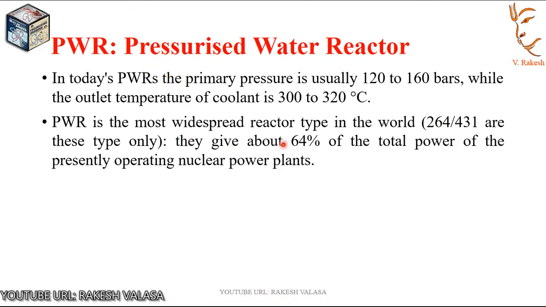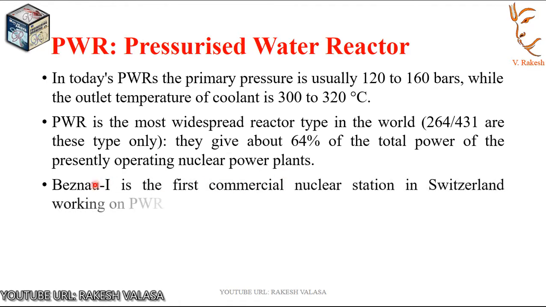They give about 64% of the total power of the presently operating nuclear power plants. Beznau 1 is the first commercial nuclear power station in Switzerland working on this type, that is pressurized water reactor.